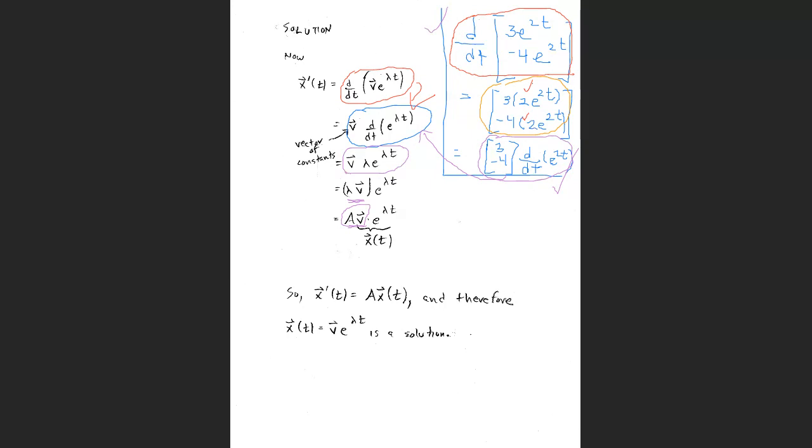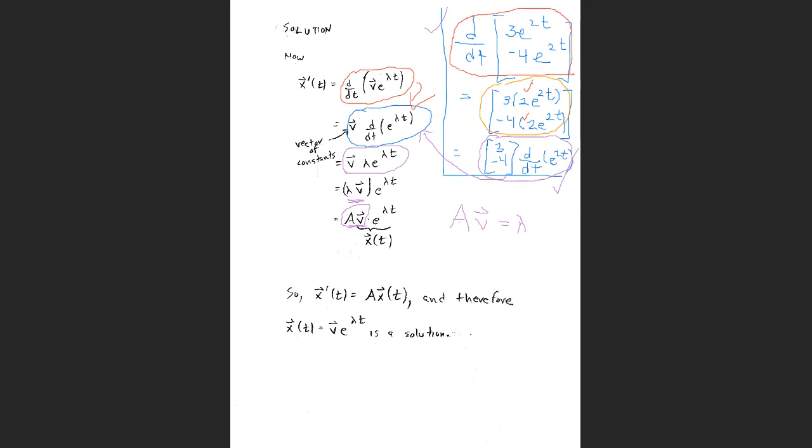What do we know about lambda? What do we know about the vector v? We're saying here that A times v equals lambda times v. When's that true?